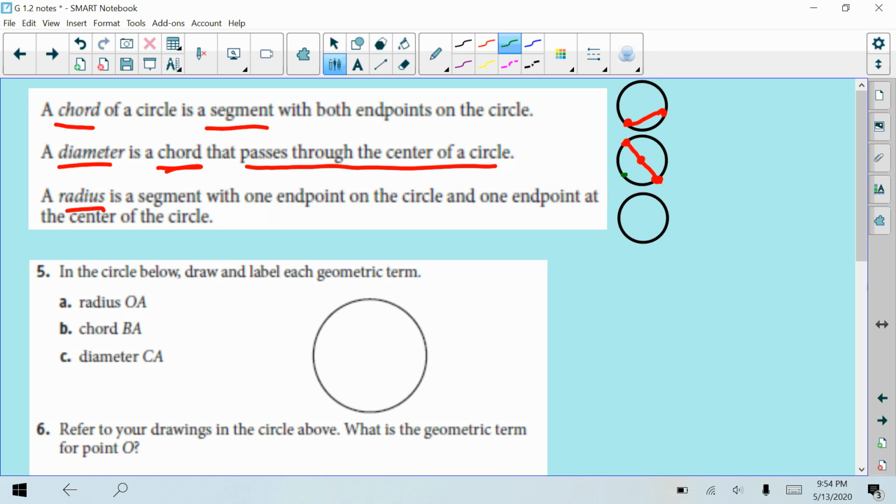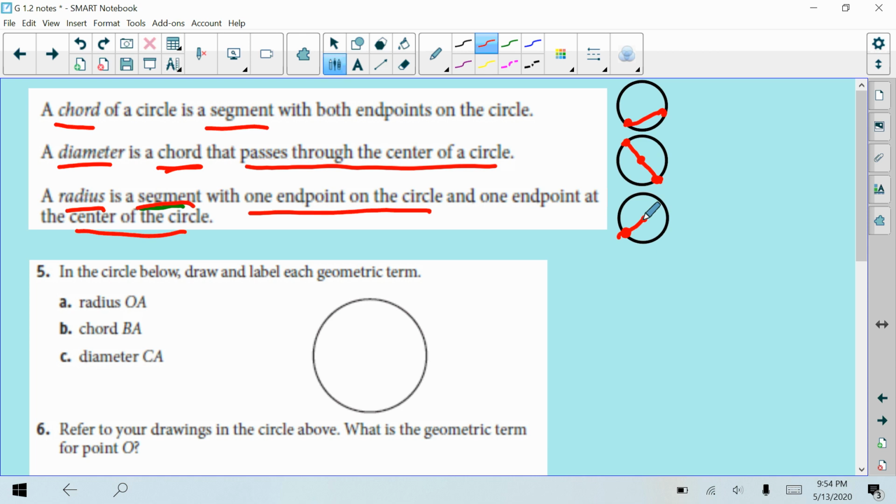Yeah, this is a diameter. This is a diameter. There's a ton of them you could draw. I would just pick one. Finally, a radius is a segment with one endpoint on the circle and 1 point at the center. That's a radius. Pretty simple.